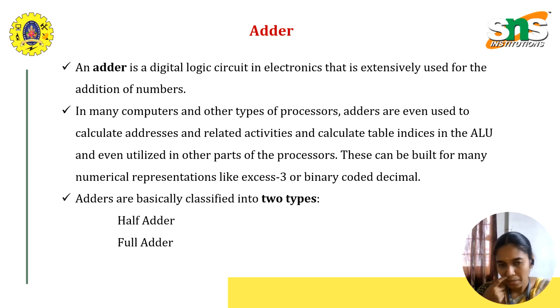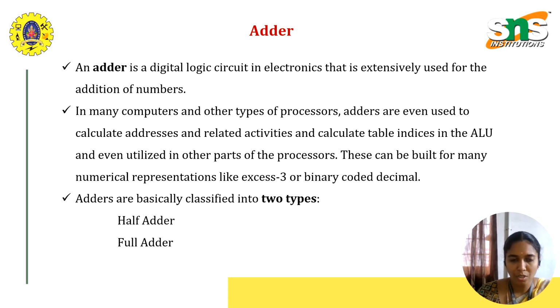In the design of a combinational circuit, we have a set of procedures. First, we have to identify the inputs and outputs for the respective topic, like for a half adder and for a full adder. Then draw the block diagram based on these inputs and outputs, and draw the truth table.